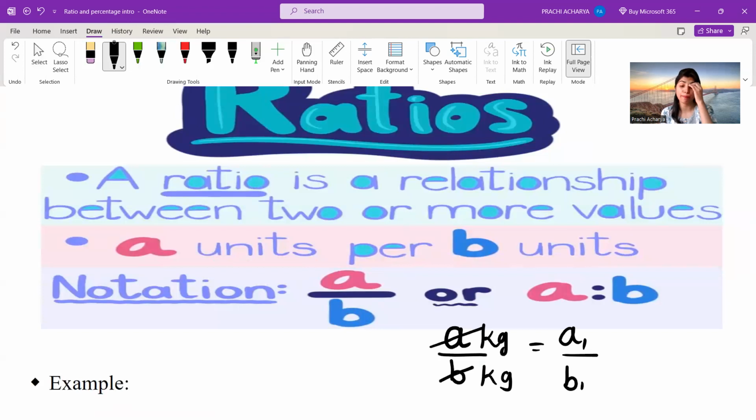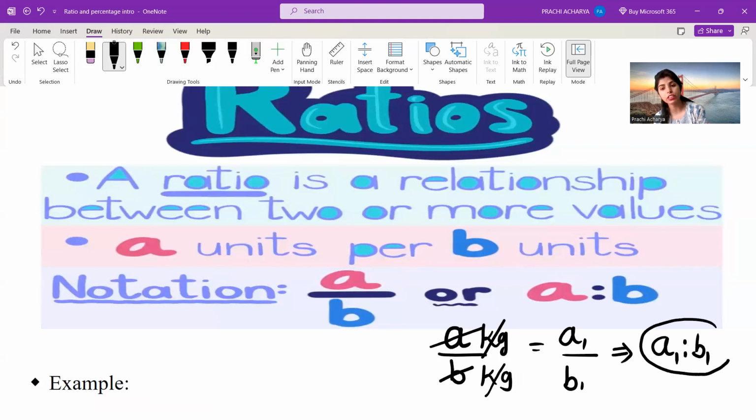We are dividing both the quantities by some common factor, and at the same time the units also get divided, so that when we get the final ratio, a1 is to b1, the ratio does not have any unit.